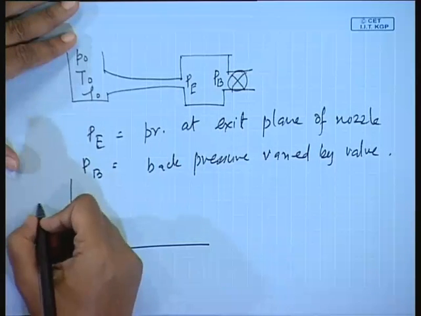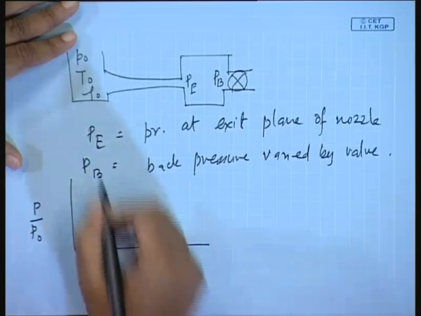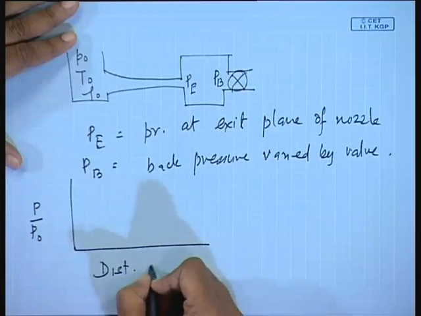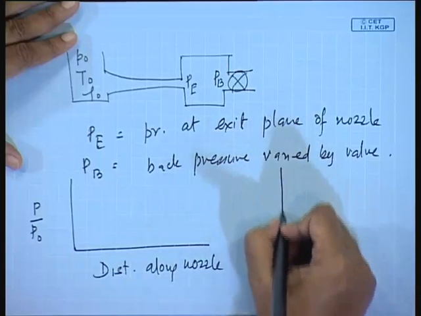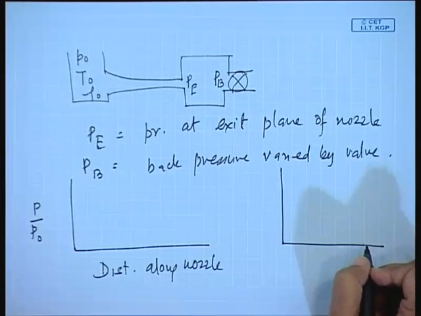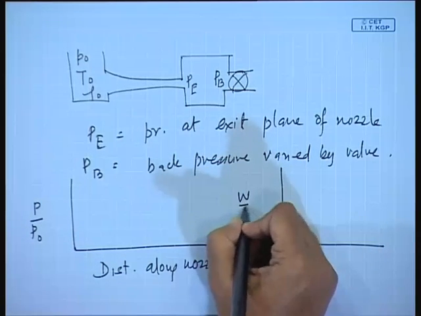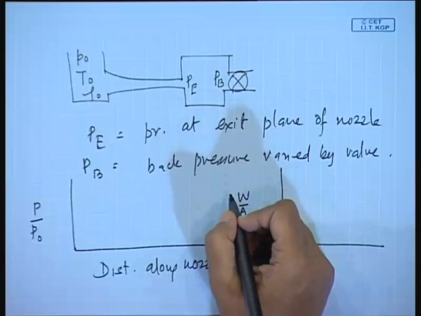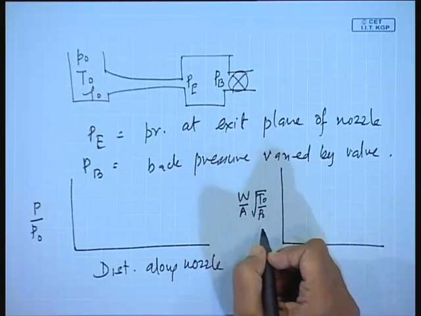If we plot P by P0 as a function of distance along the nozzle, along with this pressure we would also like to plot the flow rate, which is W by A, usually taken as a function of the same distance.